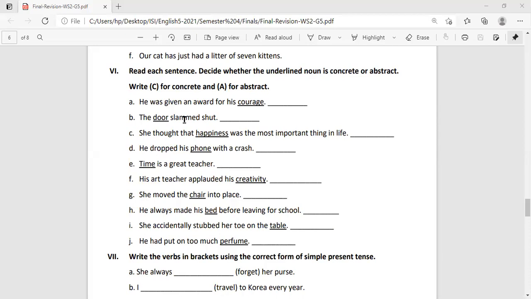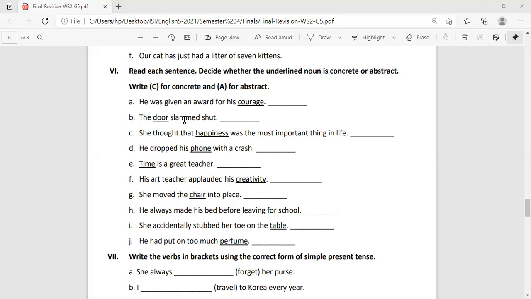Okay? For example, if I ask you what do you usually do on weekends, you have to express this action using simple present tense. Why? Because what you usually do means that it's like a habitual action for you.